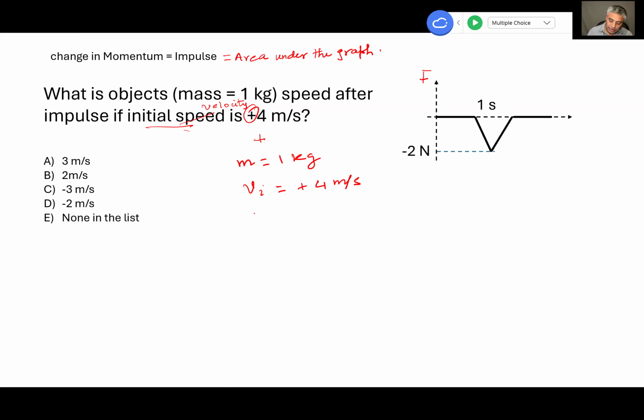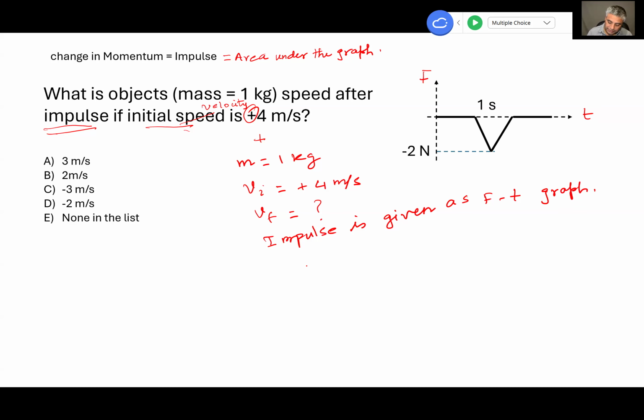So it is asking for the final speed. What else do we know? We are given impulse as a graph, an F-t graph.